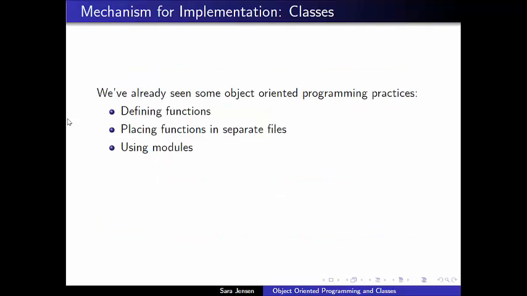Now we've started hinting at some object-oriented programming practices already in previous videos and programming experiences. One way that we've created for users to use something without necessarily knowing what's going on is in defining functions, particularly when we make definitions of functions and place them in separate files and have the user load them in as a module.